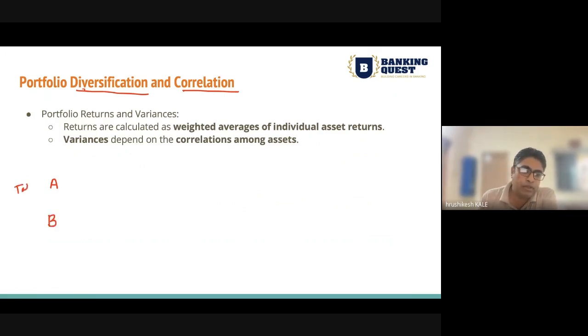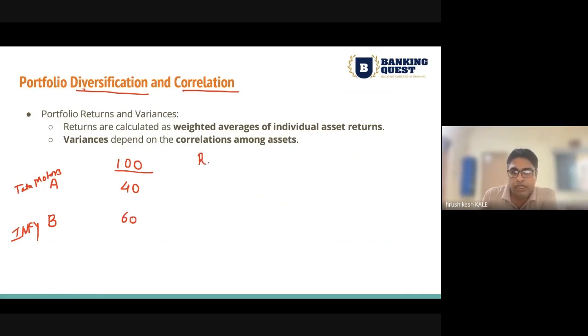Let's say Tata Motors and Infosys. You just invested 100 rupees. Out of 100 rupees, 40 rupees you invested in Tata Motors, 60 rupees you invested in Infosys.